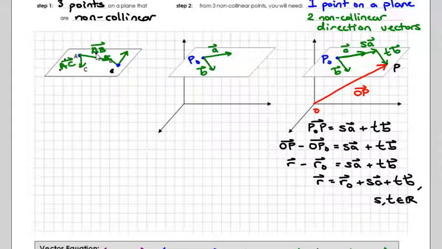Okay, so what we're going to say is that SA plus TB is my resultant from my P naught to my P.